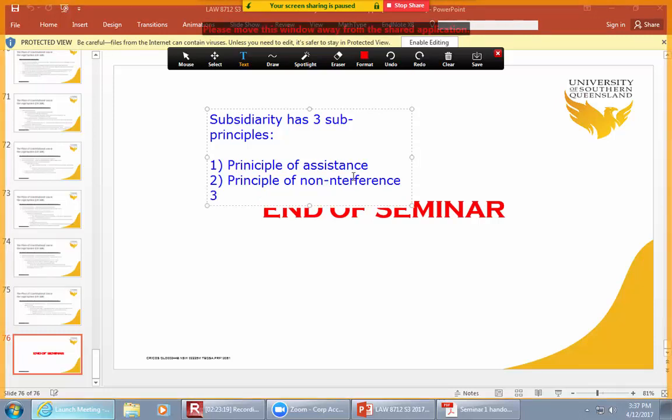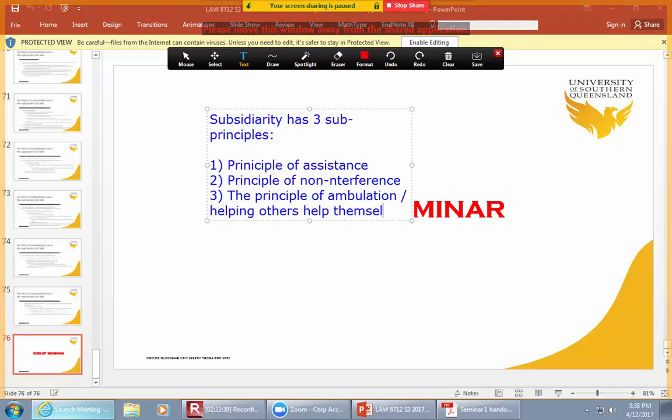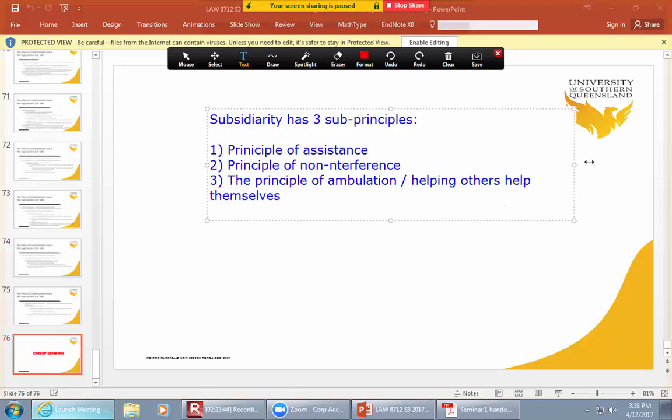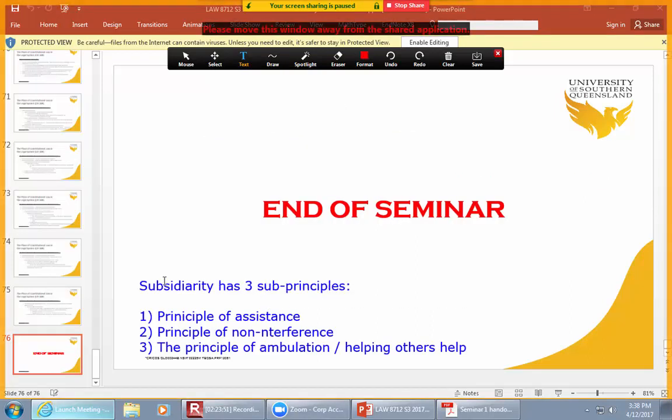And the last one is the principle of ambulation, or what we call helping others help themselves. I will put them down first and then I'll explain them. So what do I mean by these, and why are these important when you try to answer your assessment?